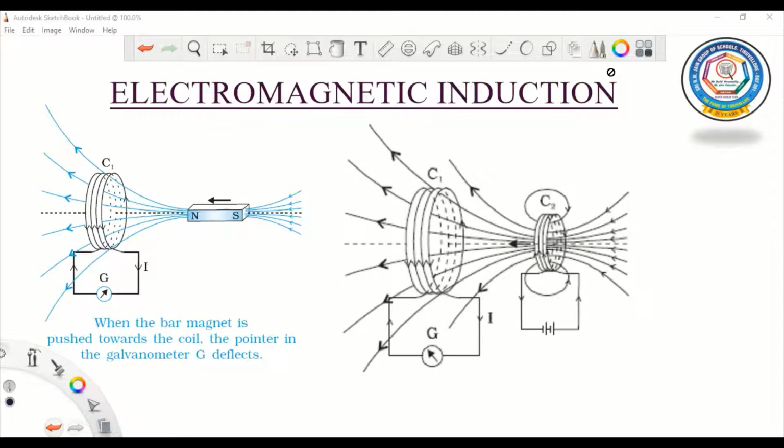Before we go in detail about what is electromagnetic induction, I am going to introduce the new term called magnetic flux. Now let's see what is magnetic flux. Then we go in detail about electromagnetic induction.